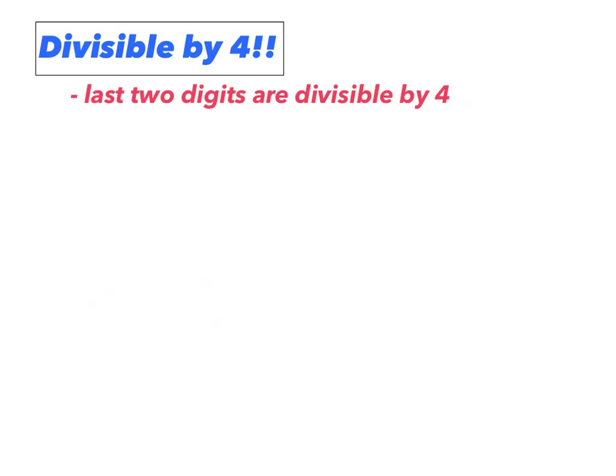Your rule for 4 is to simply look at the last 2 digits of the number. So if you have the number 536, all you do is look at your last 2 digits, and 36 is divisible by 4, because 36 divided by 4 is 9.